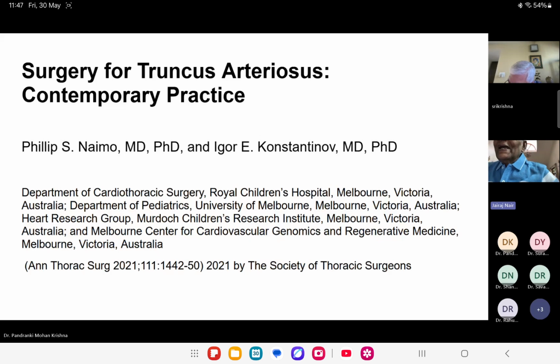The greatest thing is that the great Marc de Leval, whom we all admire for the modified BT shunt, was working at Great Ormond Street. At that stage, he said he had a lot of mortality in the switch operation. He stopped the switch operation, went to Bill Braun and learned new techniques, and came back, and he had the guts to publish that as an article in the JTCVS.